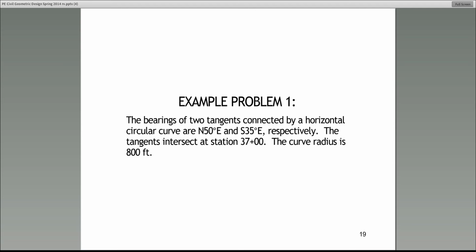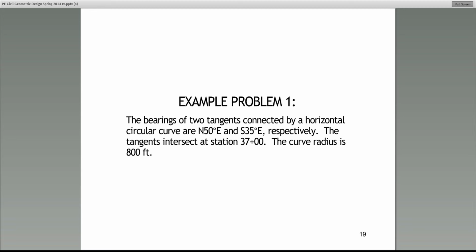All right. Let's look at this problem, and I need for everybody to participate. This and the other problems that I'm using in this presentation are very typical kinds of problems that you're going to see in the morning exam. All right.